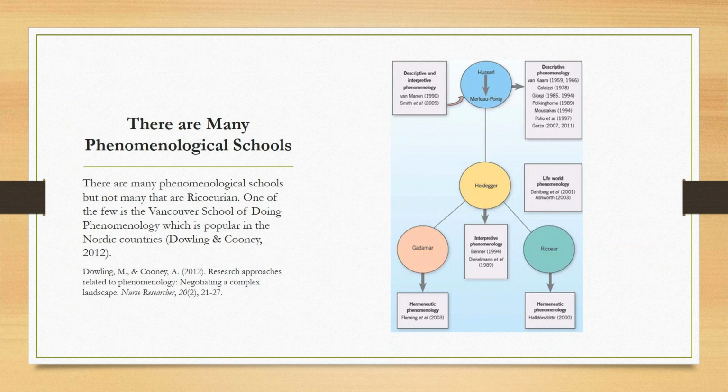What I got from the essence of everything I read by Ricoeur is that you're doing a study in order to understand, and to have this as a focus. You're trying to understand a phenomenon, and then you listen to people, you write it down, and then you treat the transcripts like a text.